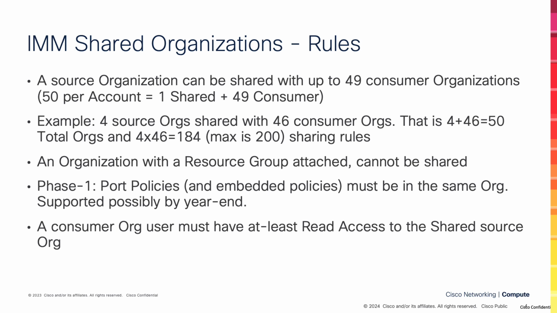Probably another more realistic example is, let's say we have 4 source or shared orgs with 46 adjacent target orgs. That is 4 plus 46, which gives us our 50 total orgs per account, but 4 times 46 would give us 184 sharing rules, which is well within the 200 limit that currently exists.